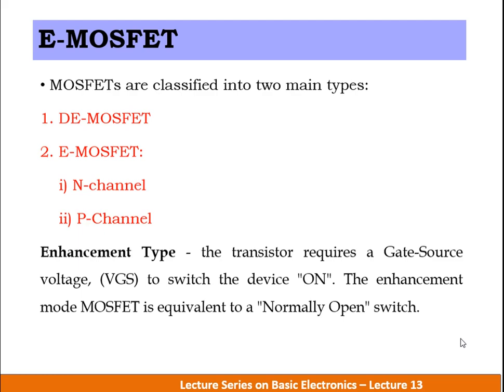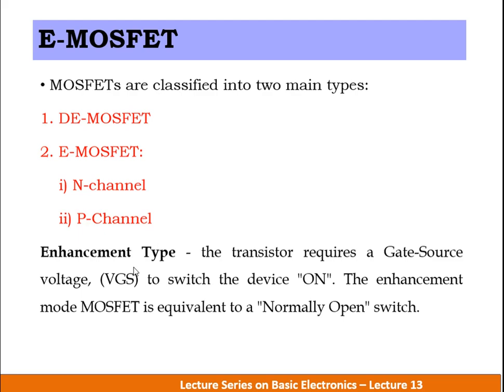Whereas E MOSFET is called an enhancement type MOSFET because it works only in enhancement mode but not in depletion mode. In case of an E MOSFET, we have two classifications: one is the N-channel E MOSFET and another one is the P-channel E MOSFET.